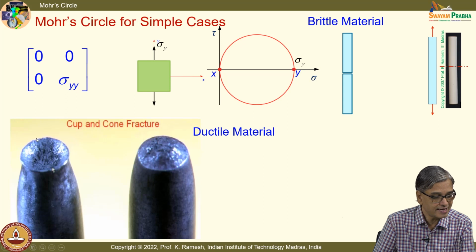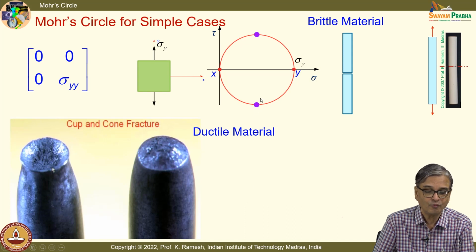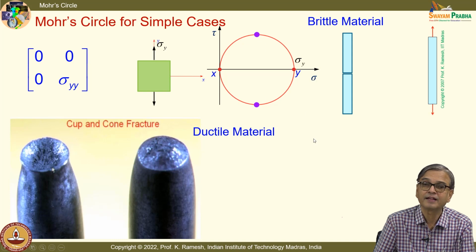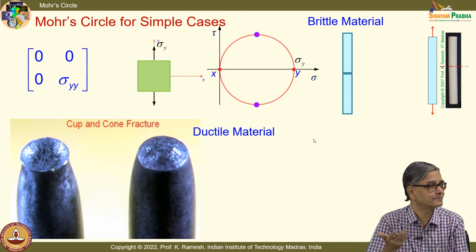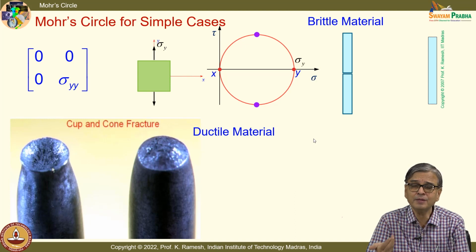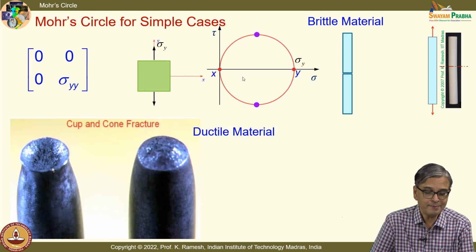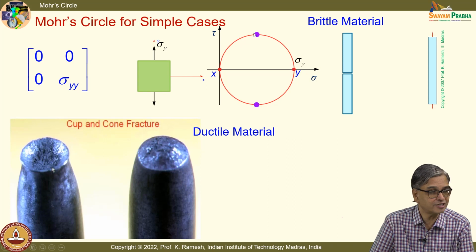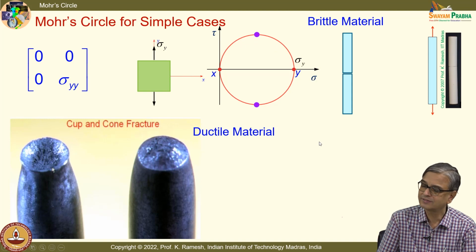I have this as a cup and cone, and I have also identified from our earlier knowledge what are these points. They are the points that have the maximum shear, and from the Mohr circle, how much they are separated from the y plane. From the y plane, it is at 90 degrees on the Mohr circle. Physically, it is at 45 degrees. Okay.